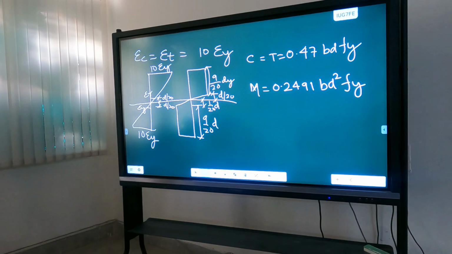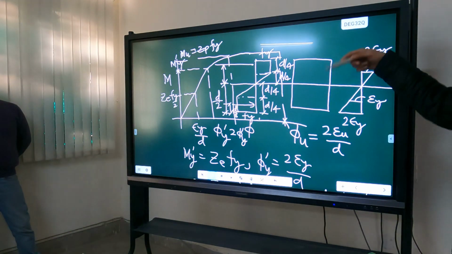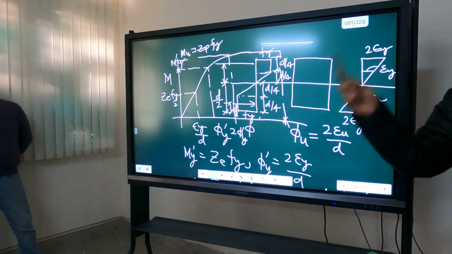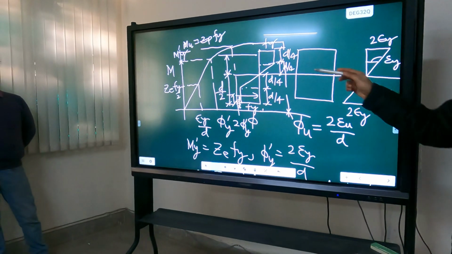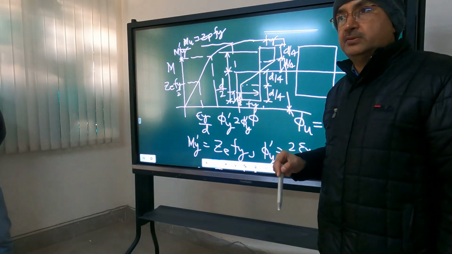The contribution of extreme fibers in moment capacity is more. Why do you not have much difference from here to here, whereas here you have more difference?